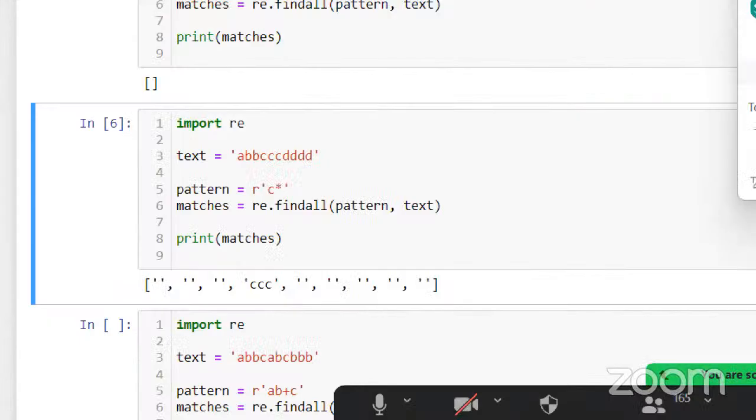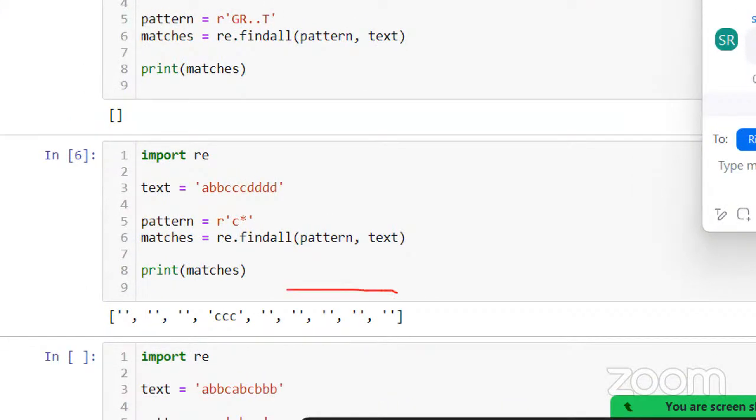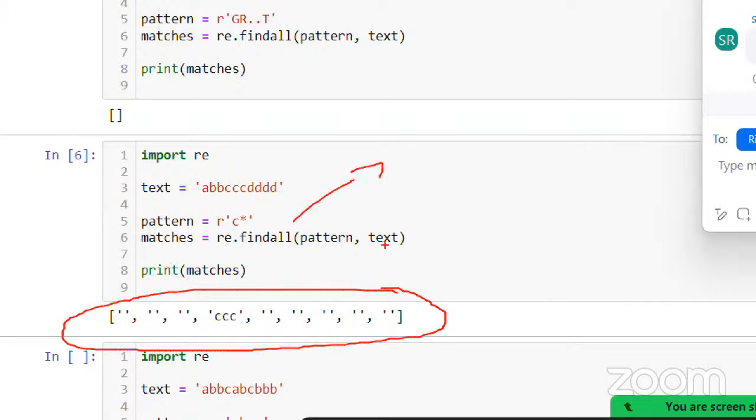Okay. So just now I told you, and still you people forget. This is the output. Now you need to analyze why this is the output. What is the return type of findall I told you? List of values, correct or not? Yes. So this is the given string.